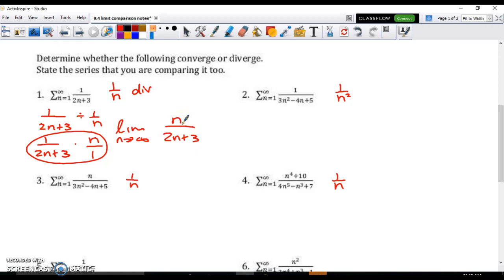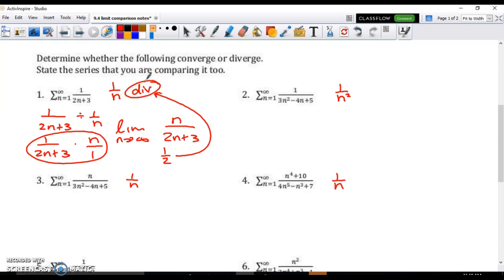Once you use L'Hopital's, you get 1/2. So that limit is approaching a number. That doesn't mean that this converges to 1/2. Because it's a number, all it does is confirm my initial thought. So the answer to this one is that it diverges.